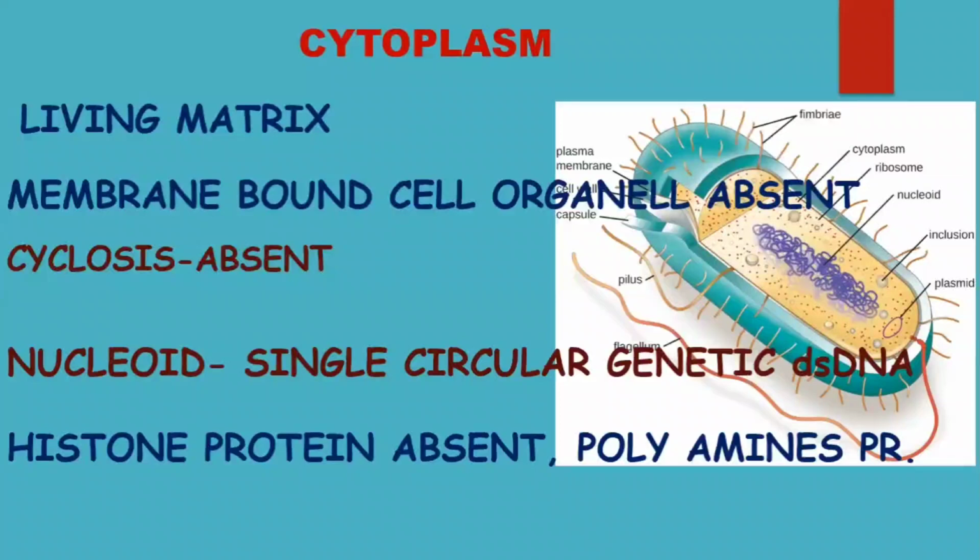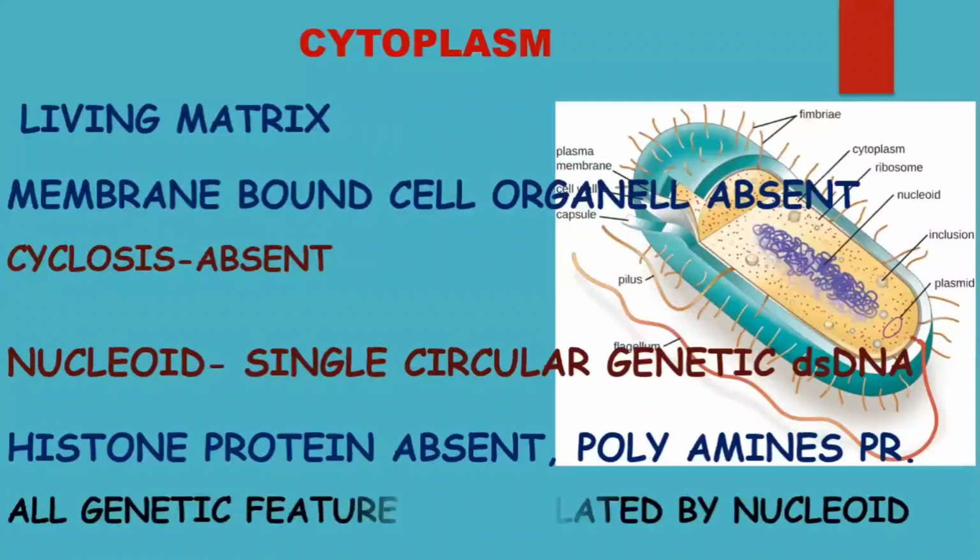Amines, you have learned in chemistry, having amino groups. So poly means long chain. Chain of amines, we call polyamines. All genetic features are regulated by the nucleoid. Basic feature, all the genetic features of the bacteria are related to its nucleoid.